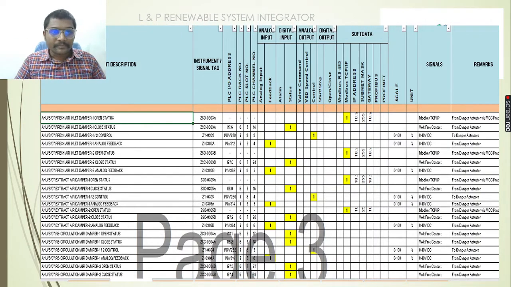If there are multiple dampers, we need to monitor all the damper signals. So these are the IO points. What are the points we need to monitor in dampers? The damper can be in any position: on the fresh air side, on the recirculation side, or on the exhaust side.